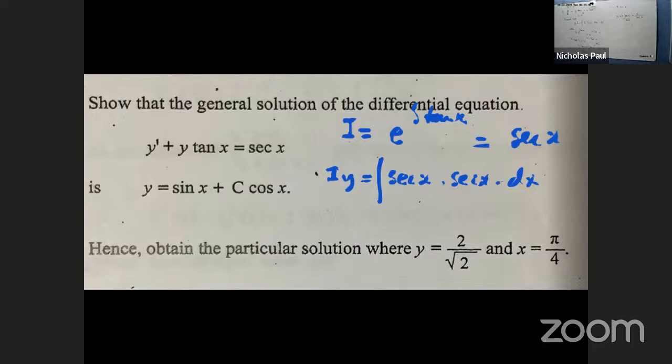General format: I times y is equal to the integral of I times the right hand side.